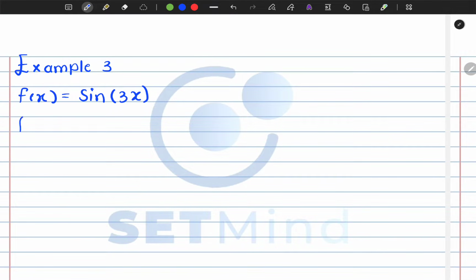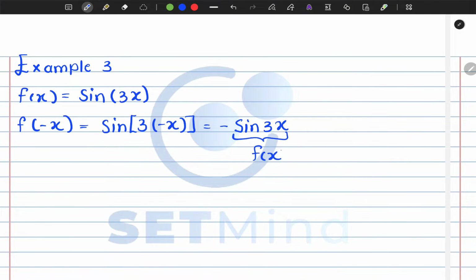So what we are going to do is to test what is our f of negative x. So meaning wherever we see our x, we are going to put negative x. And if you remember from your high school, sine of a negative angle becomes negative sine of the same but positive angle, which means we'll have negative sine of 3x. And when you look carefully, this looks like our f of x.